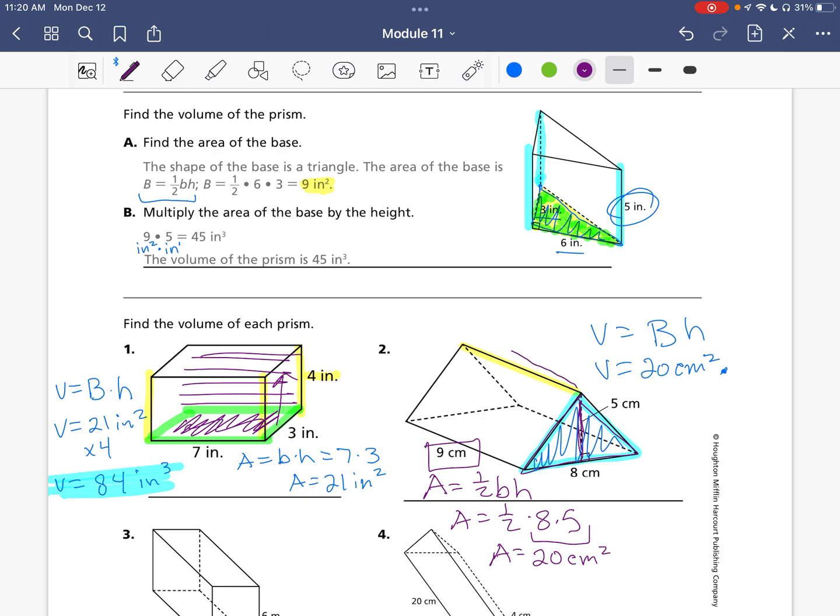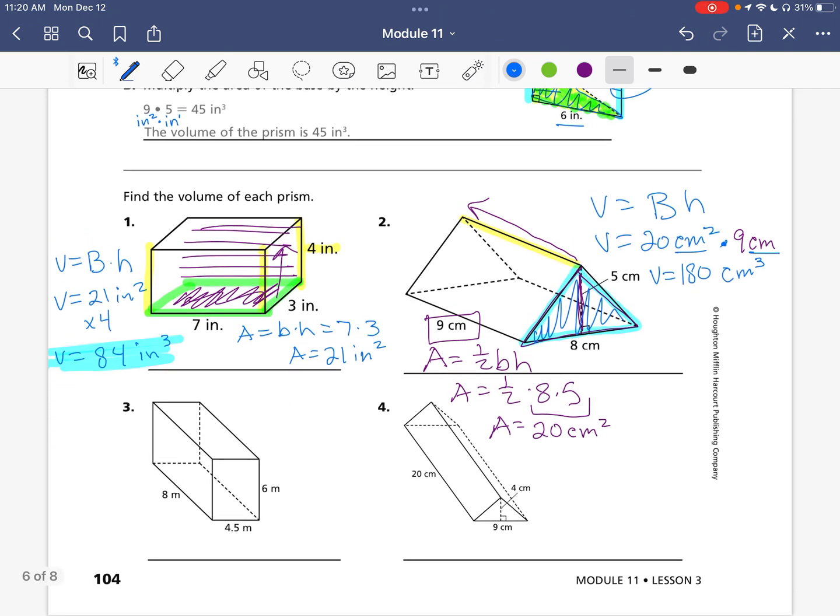So as our shape gets taller, it'll be 9 centimeters. And when we multiply these two numbers, again, we end up with centimeters cubed, centimeters squared times centimeters, and 180. Okay, I want you to pause the video and work on these next two problems. When you have the answer to 3 and 4, unpause the video.